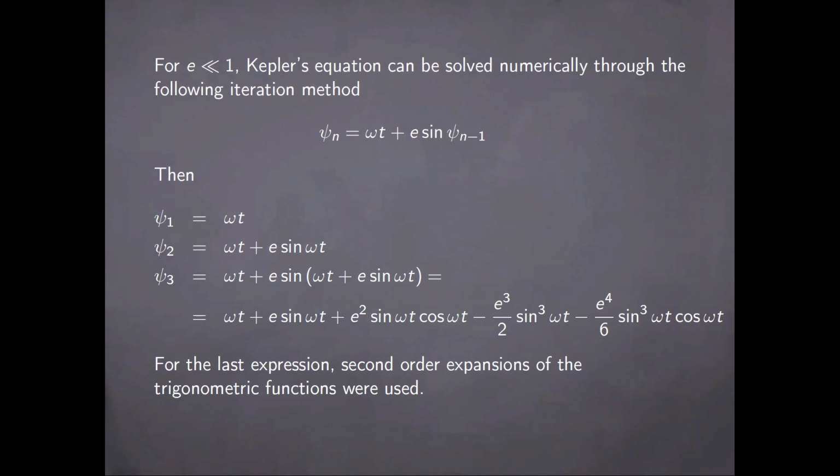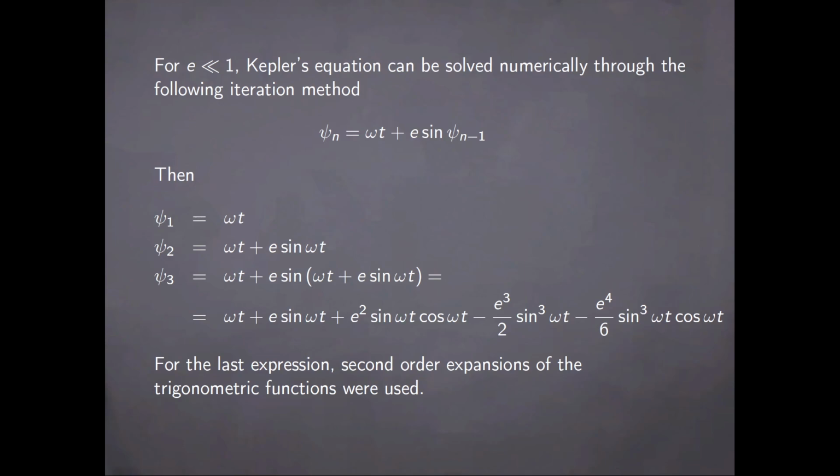Then, to first order, we would obtain the eccentric anomaly equal to the mean anomaly. In the second order, we obtain the mean anomaly plus e multiplying the sine of the mean anomaly.